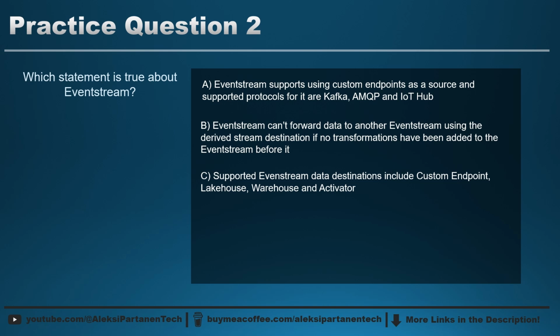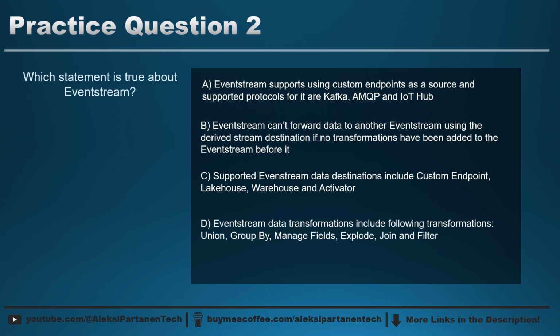C. Supported event stream data destinations include custom endpoint, lakehouse, warehouse, and activator. D. Event stream data transformations include following transformations: union, group by, manage fields, explode, join, and filter. Now think about the answer for a moment and pause the video. I will reveal the answer in 3, 2, 1.